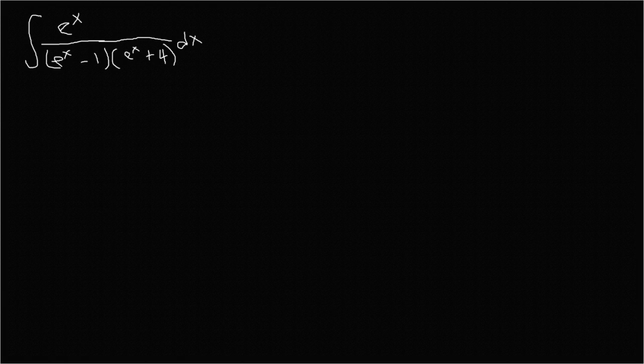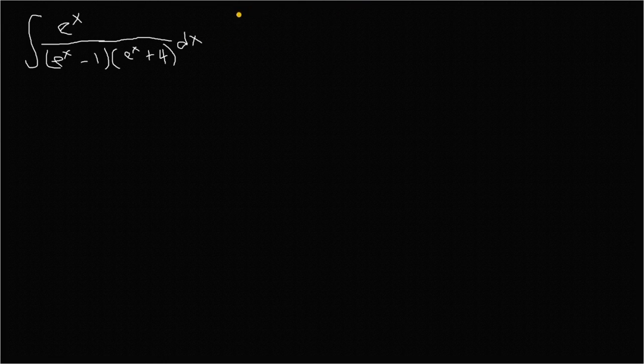Alright, so we have our integral here, and what I'm thinking is how the best way to do this is. I see there's a bunch of e to the x's, but it's already factored, right? These two factors multiplied together.